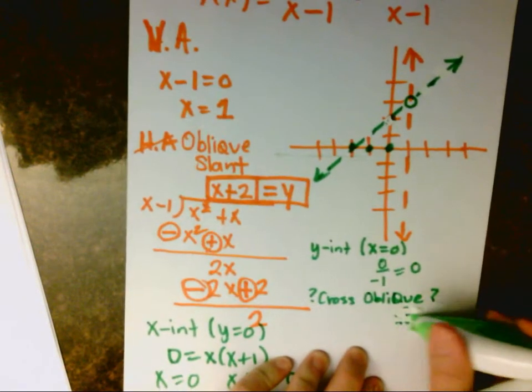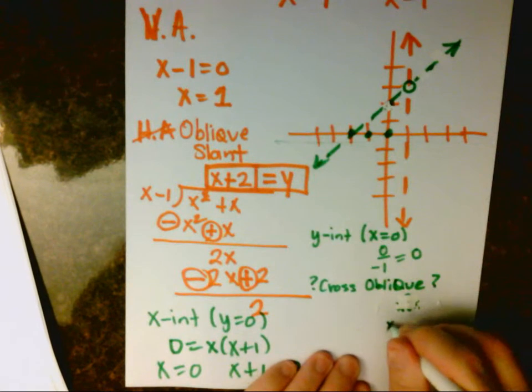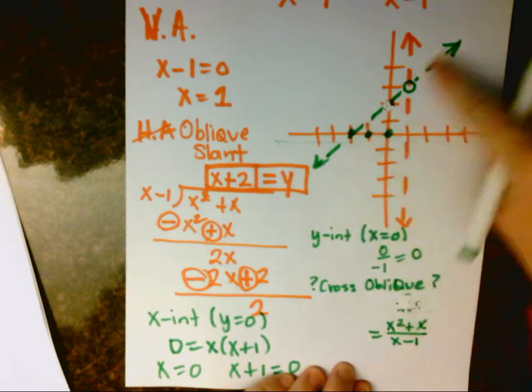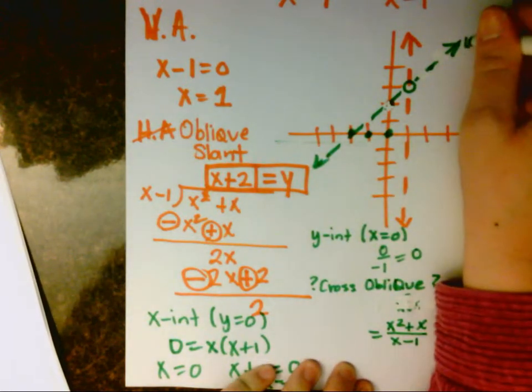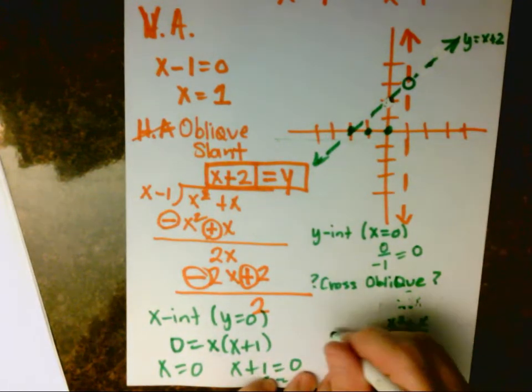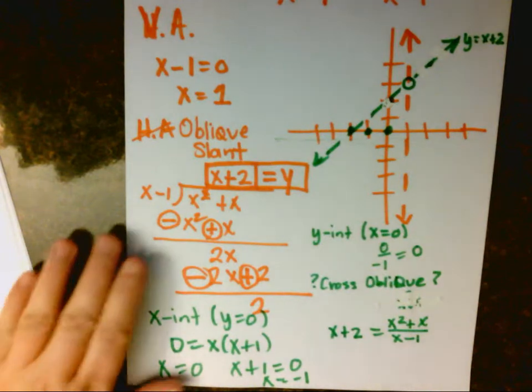You'll see why in just a second. Does x squared plus x over x minus 1, does this ever cross this line? And remember, this line is where y equals x plus 2. Does it ever equal x plus 2? Do they cross at any point?